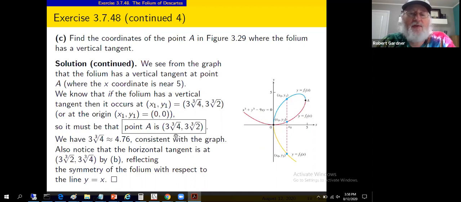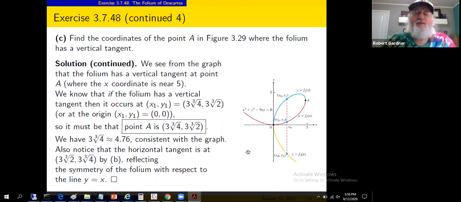We had the vertical tangent at 3 times the cube root of 4, comma, 3 times the cube root of 2. And we had the horizontal tangent at 3 times the cube root of 2, comma, 3 times the cube root of 4. Interchange these two coordinates, get those two coordinates. Interchange, or fold this thing over about the line y equals x, that interchanges x's and y's. It also sends horizontal lines to vertical lines.